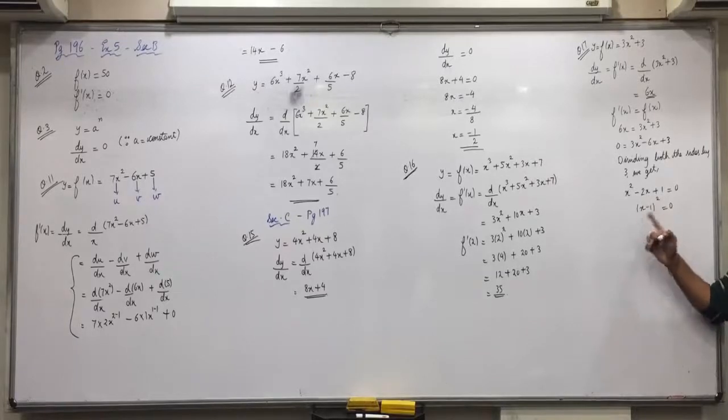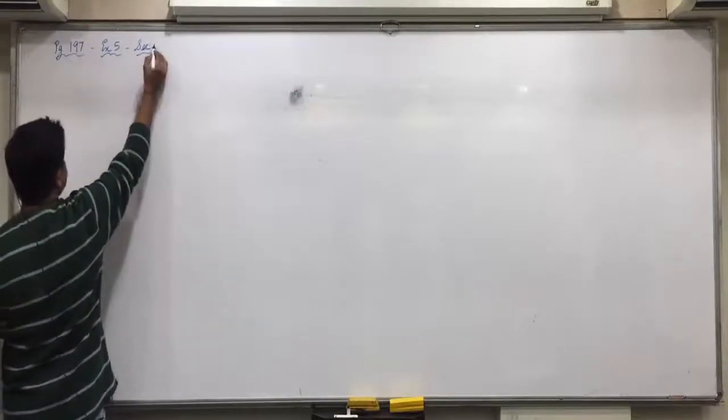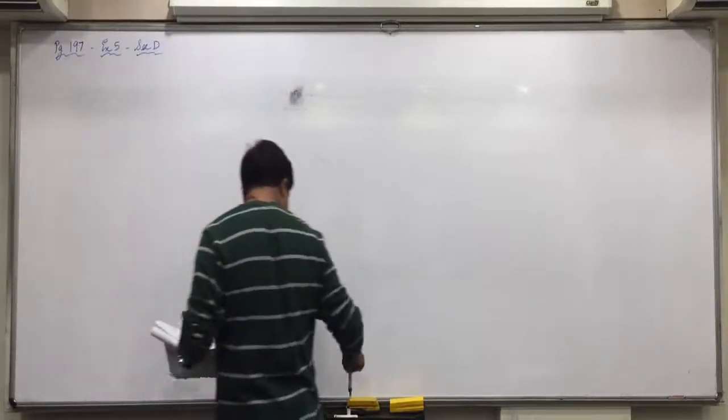Otherwise you can do the factorization, splitting it, and you'll get the same thing, x minus 1, x minus 1, which is x minus 1 whole square. If x minus 1 whole square is 0, means x minus 1 is also 0. Bring minus 1 on the right side, plus 1. Any confusion in this?